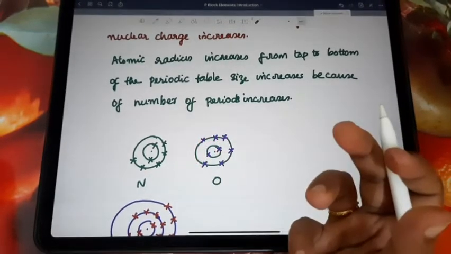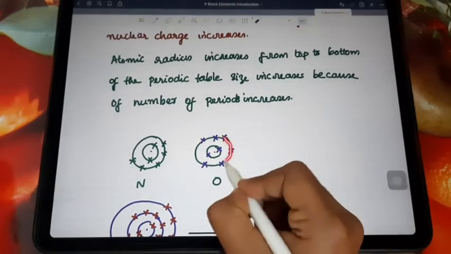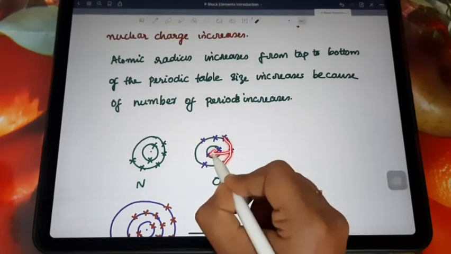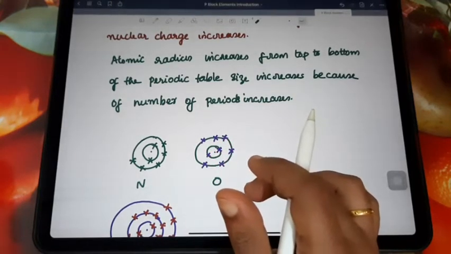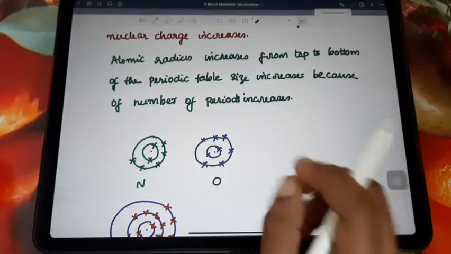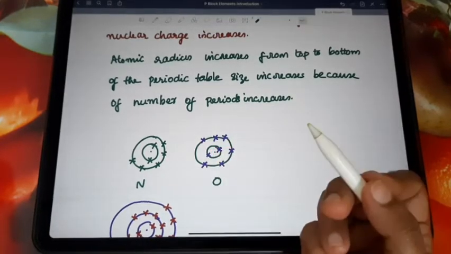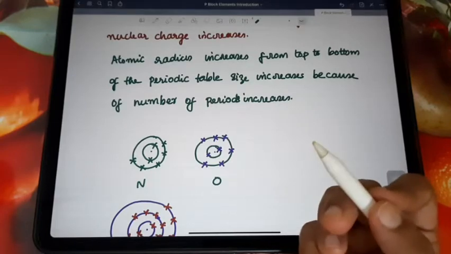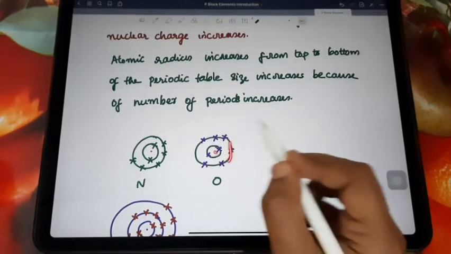It reduces. What's the reason? Because of the attraction of the last shell towards the nucleus. One single term we use for that attraction is effective nuclear charge. When effective nuclear charge increases, automatically atomic size decreases. That means the attraction between the last shell and the nucleus.